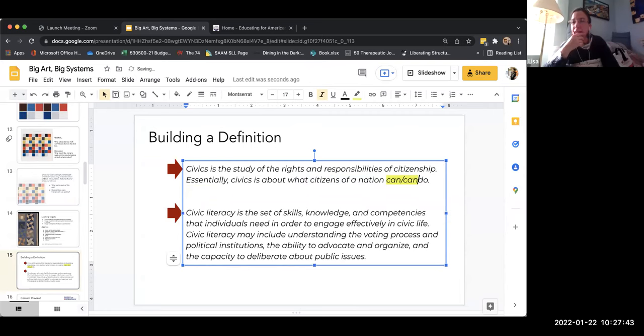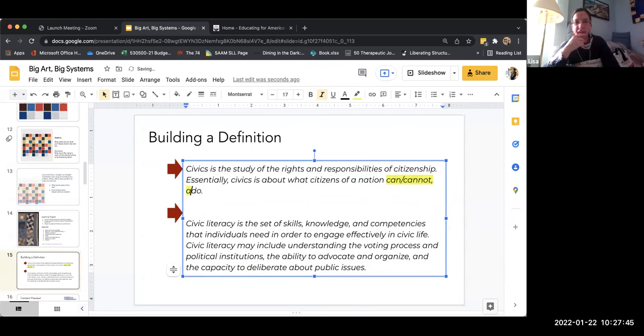Okay. So I don't know if that's necessary. It might be silly. I like participate. I don't know how to include it grammatically in the sentence as constructed though. So could you say civics is about ways in which citizens of a nation can and cannot or should and should not participate in, I don't know.